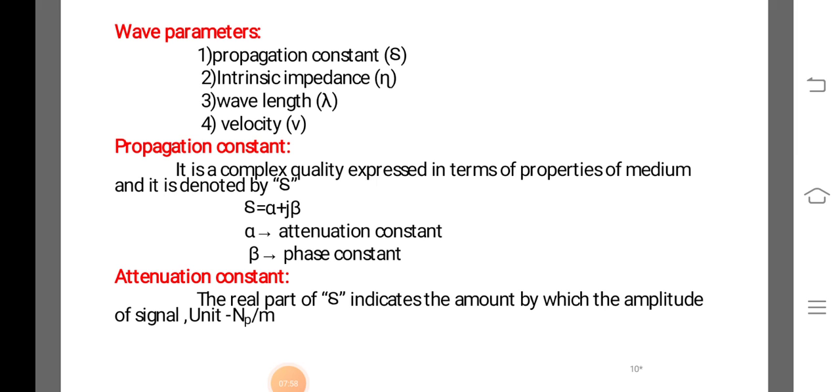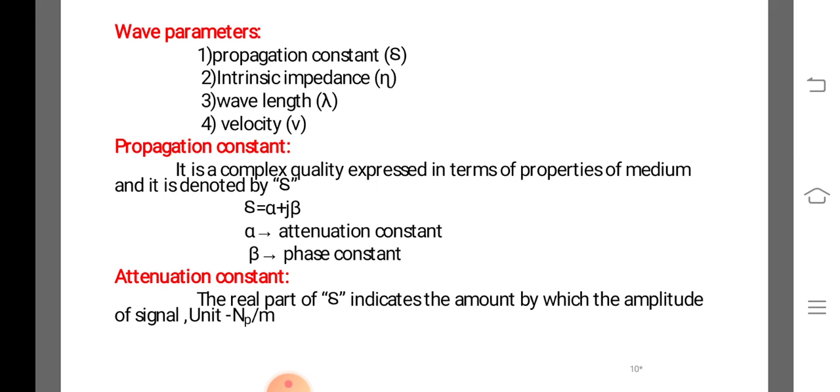First one is propagation constant. Propagation constant is a complex quantity expressed in terms of the properties of the medium, and it is denoted by gamma. Gamma equal to alpha plus j beta. So alpha is the attenuation constant, beta is the phase constant.